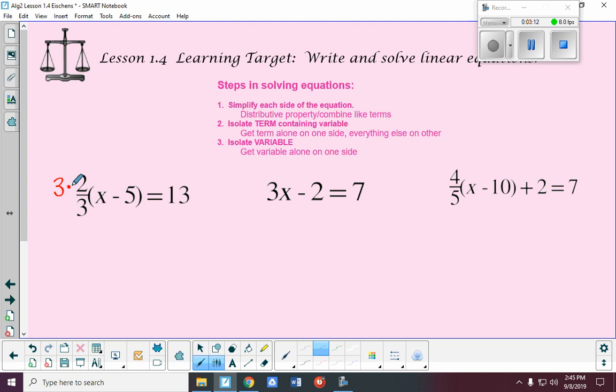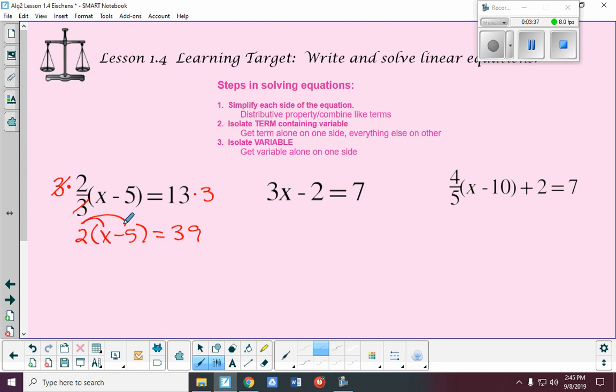So multiply this side by 3, which is actually 3/1. And if you multiply one side by 3, you have to multiply the other side by 3 to keep it balanced. Now 3 times 2/3, the 3's cancel. So what you have is 2 times x minus 5 equals 39. That just made our problem a lot easier, I think.